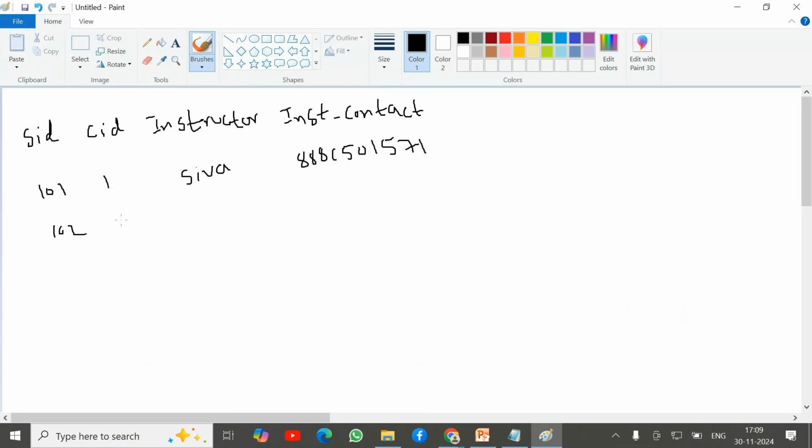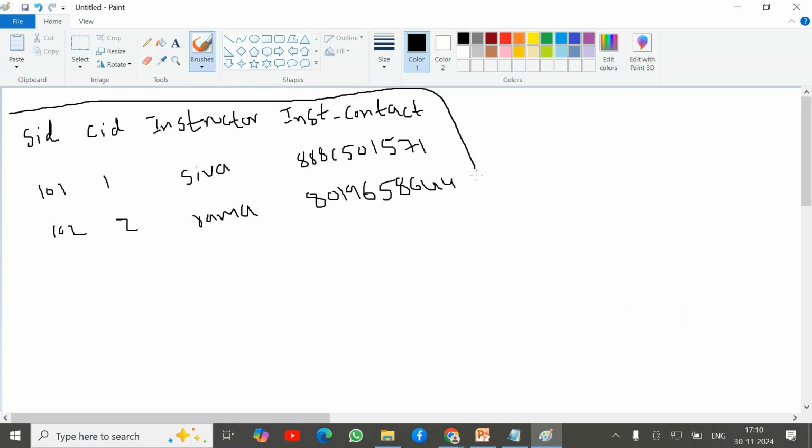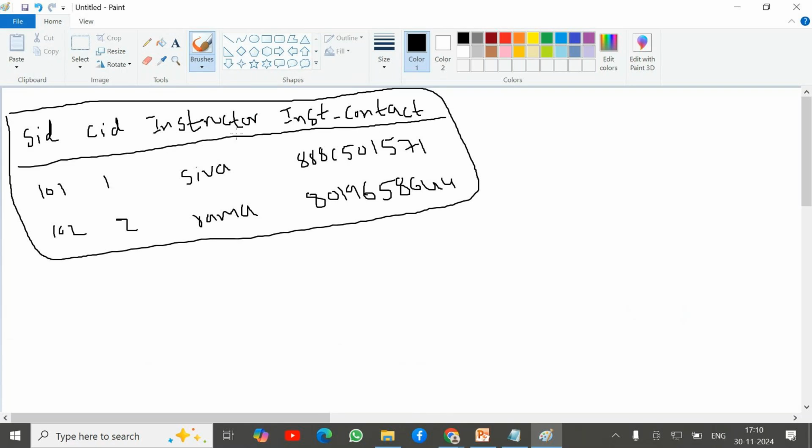Then 102, course ID 2, Rama, and here I am writing a number, 80. Okay, this is a table.